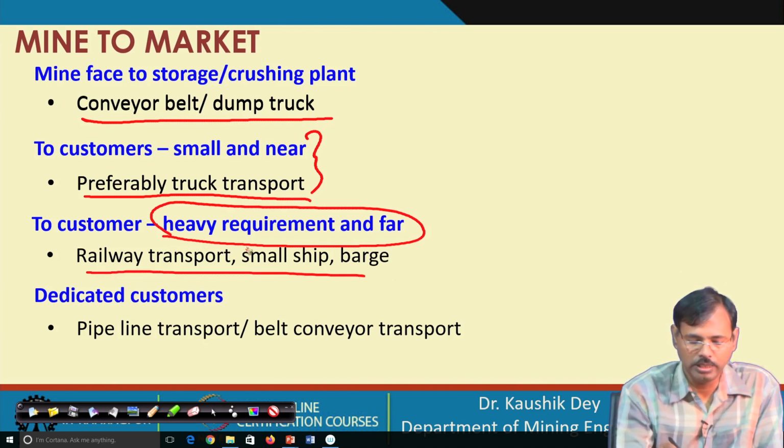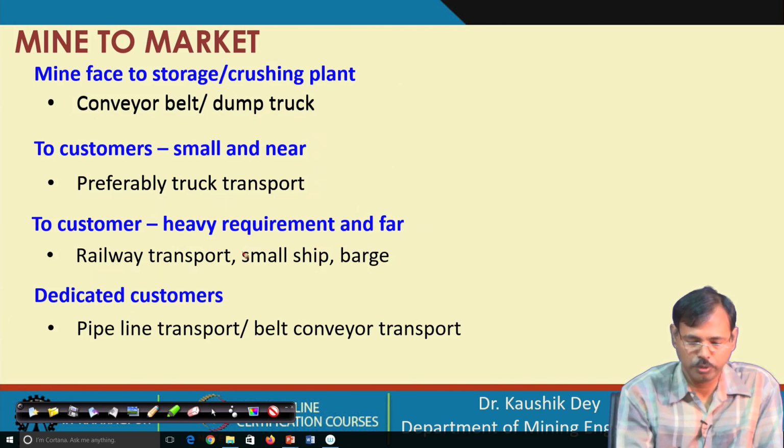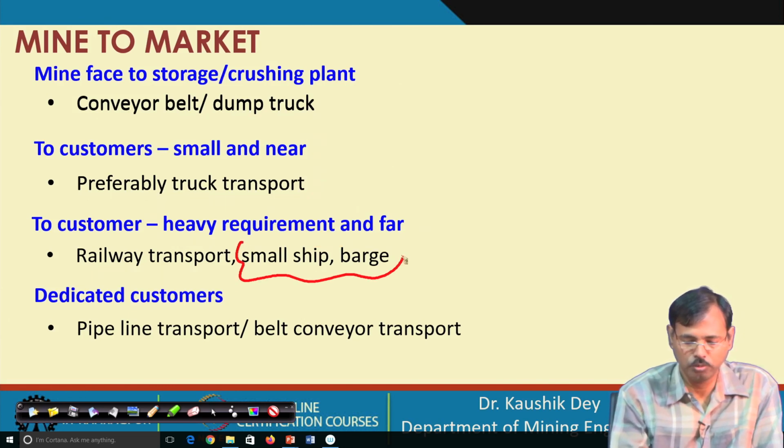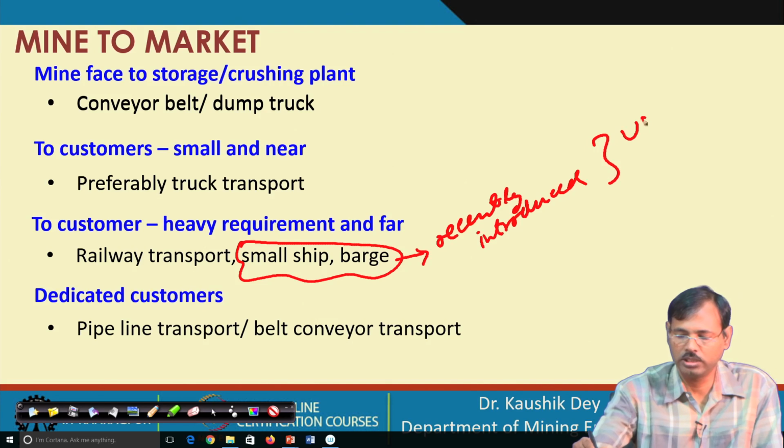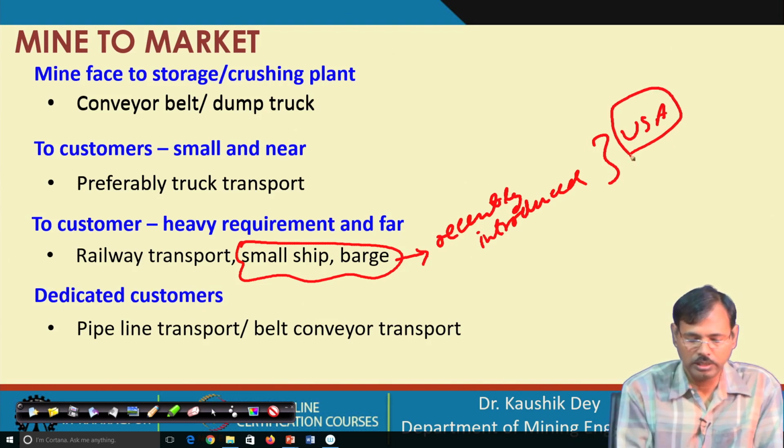Currently, for some particular segments we are using small ships and barges. This is a recently introduced system. Otherwise, in India we did not have this concept, but obviously in the USA and elsewhere this was popular since long.